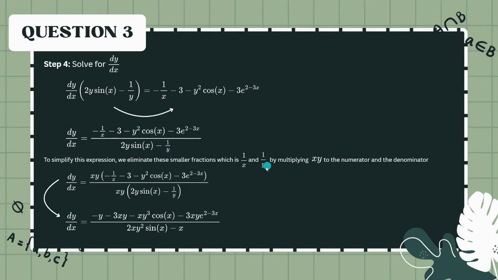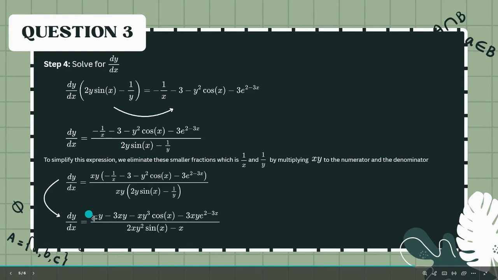To simplify this equation, we will multiply by xy because there is a smaller fraction, which is 1 per x and 1 per y. So we will multiply xy to the numerator and denominator. It will be this new answer.